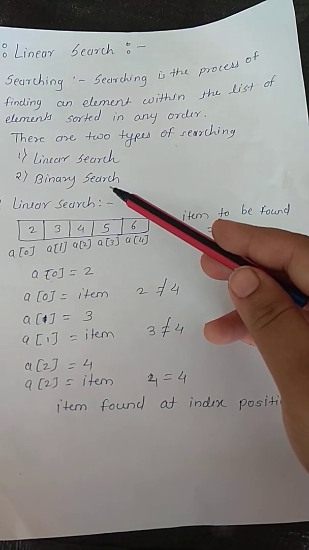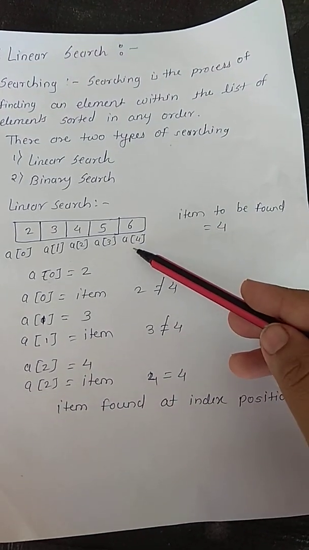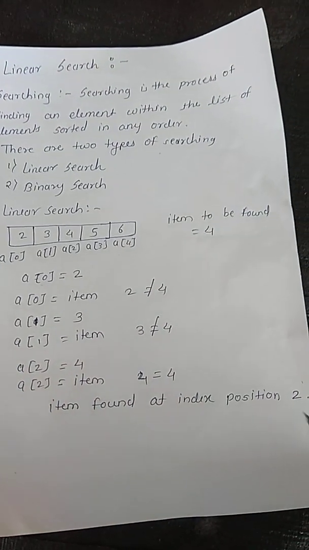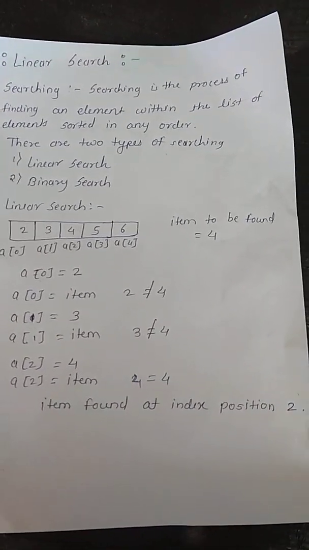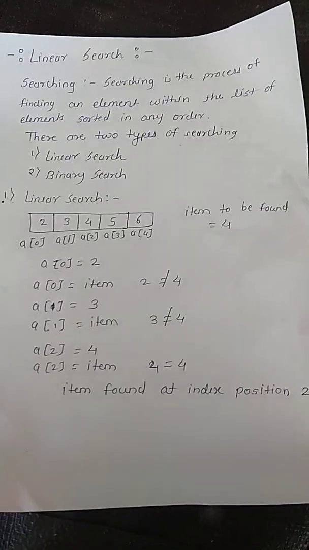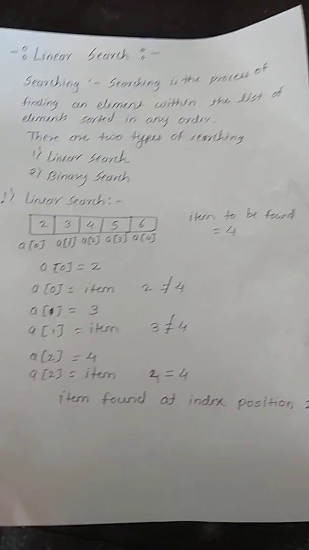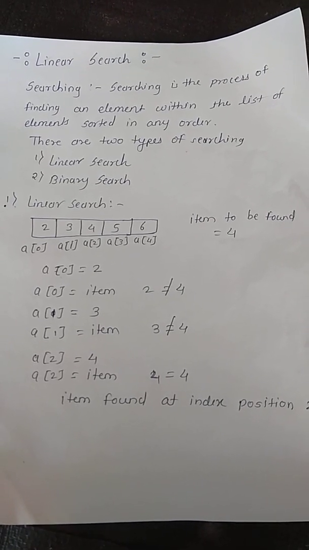So in this lecture, we will see what linear search is and how to find an element using linear search. In linear search, the basic requirement is an array, which can be sorted or unsorted.